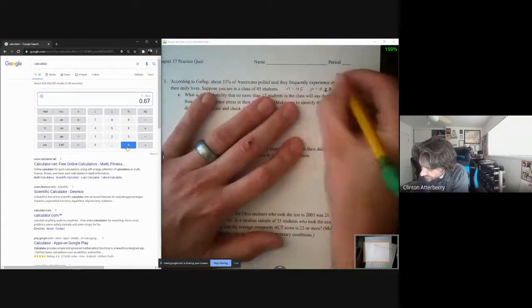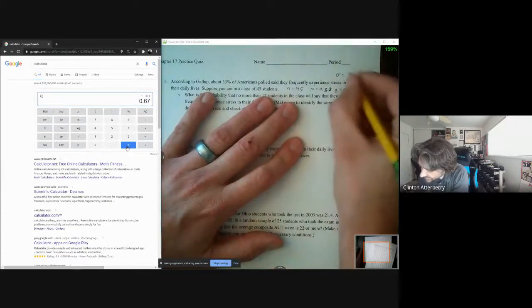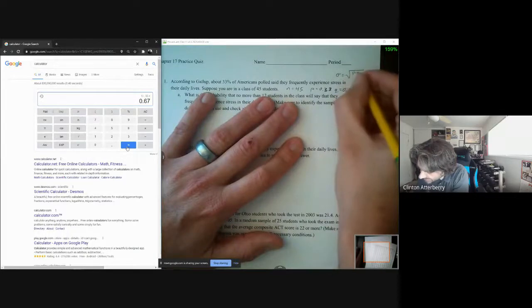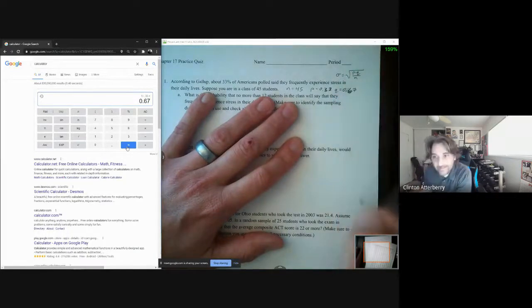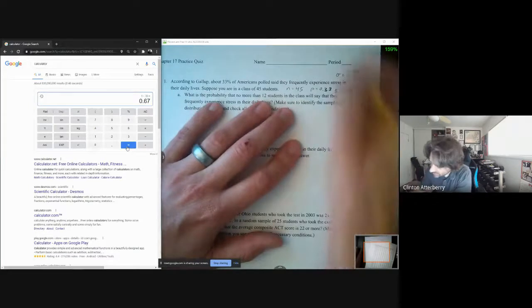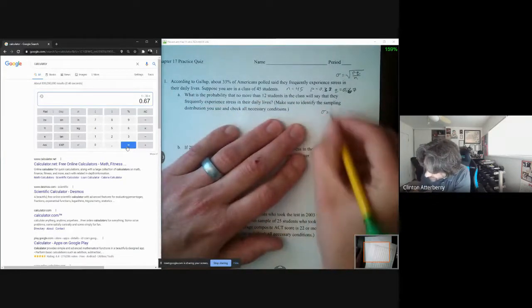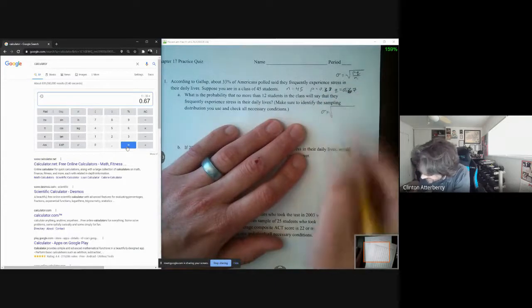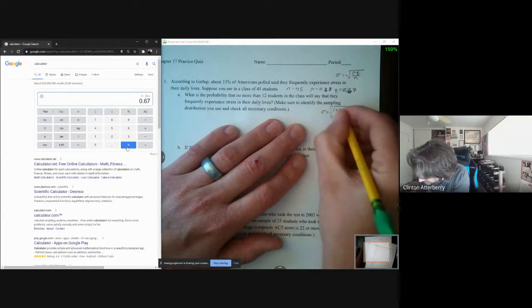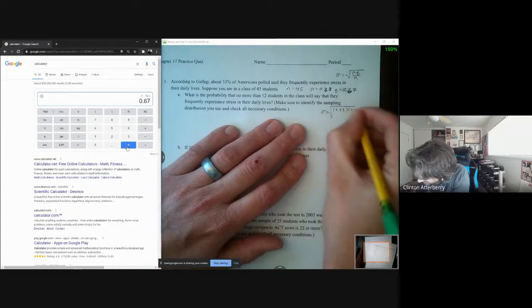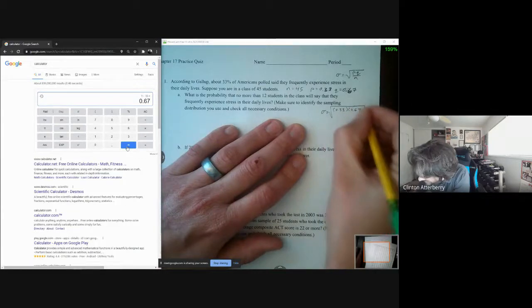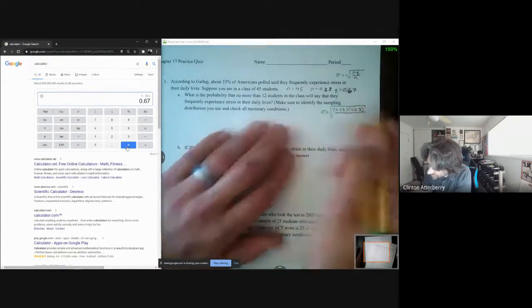Sigma is going to be the square root of P times Q divided by N. So I'm going to make a little note on the side: sigma equals the square root of 0.33 times 0.67, and I will divide that by 45.